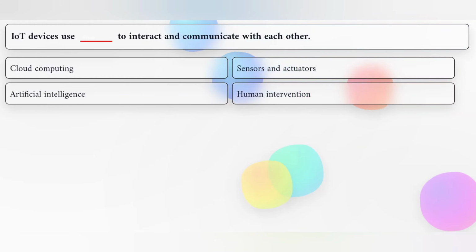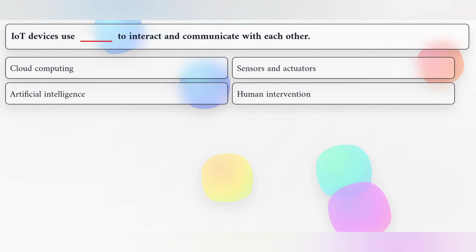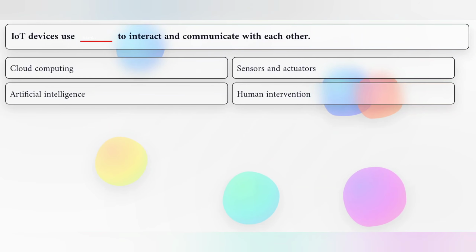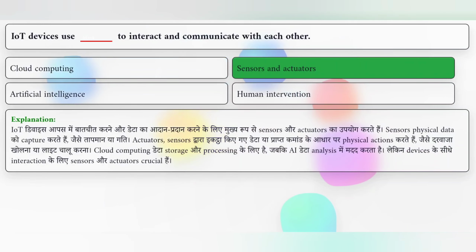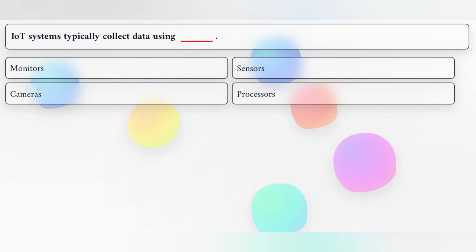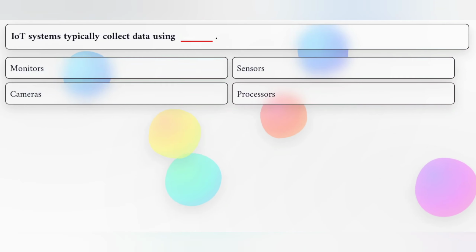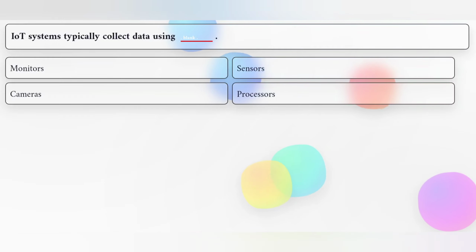Cloud computing, sensors and actuators, artificial intelligence, human intervention. IoT systems typically collect data using blank: monitors, sensors, cameras, processors.